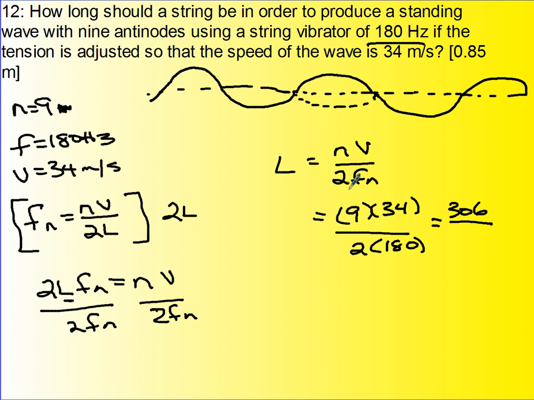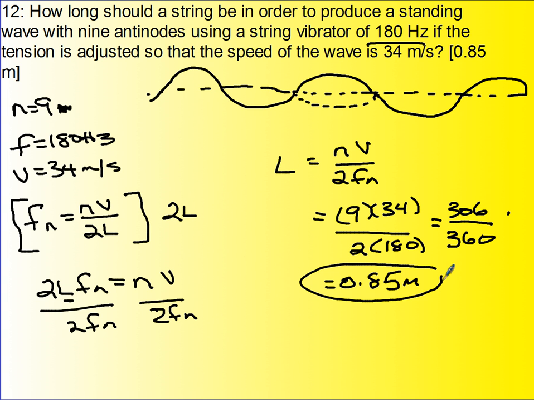Let's try that. 2 times 180. Having trouble multiplying. It's 360. I knew that. Just kidding. All right. So 306 divided by 360 is 0.85 meters. Remember, multiply straight across the numerator, straight across the denominator, and you won't get confused.